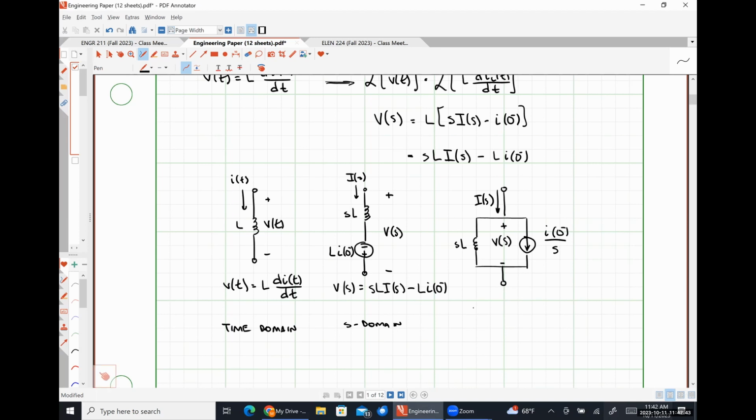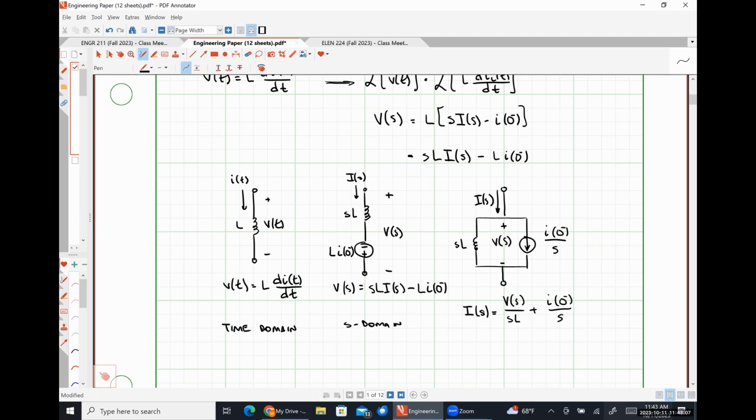Where we could say our current I of S is equal to V of S divided by SL plus I at 0 minus divided by S. Both of these are S domain relationships.